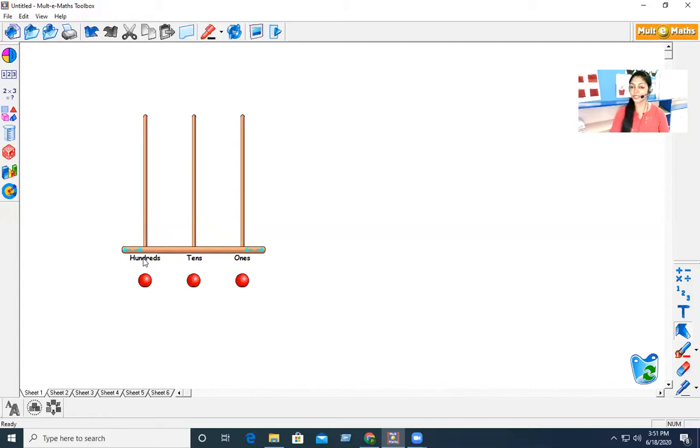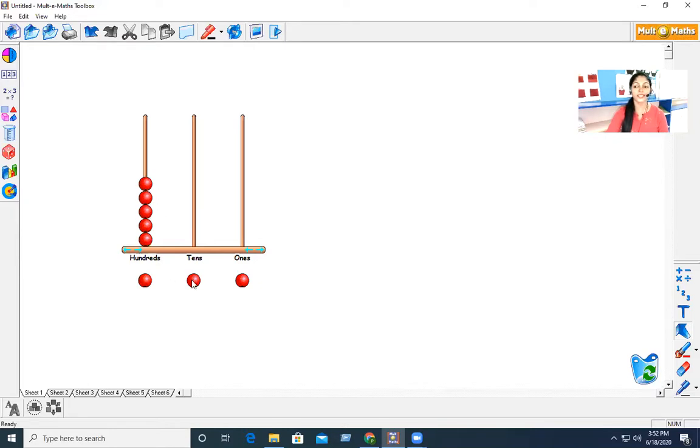Here in the hundreds place, I'm going to add the beads now. How many beads did I add here? 1, 2, 3, 4, 5. As it is in the hundreds place, count in hundreds: 100, 200, 300, 400, 500.